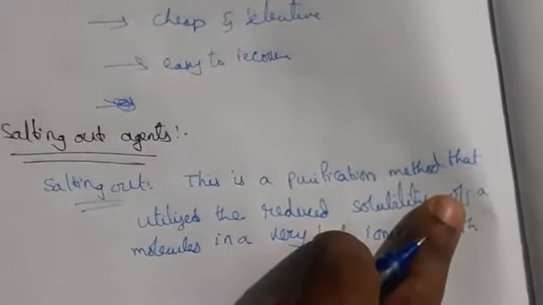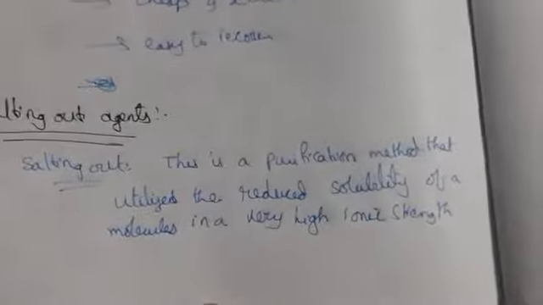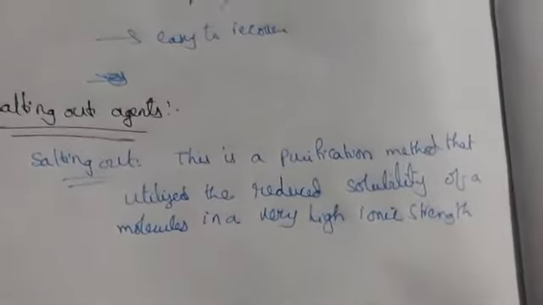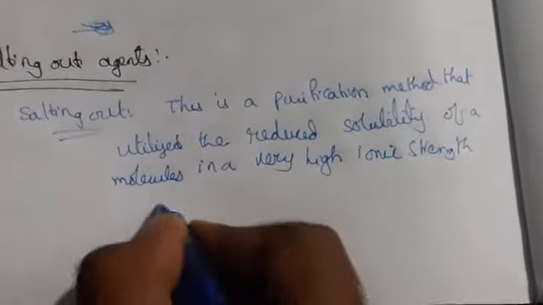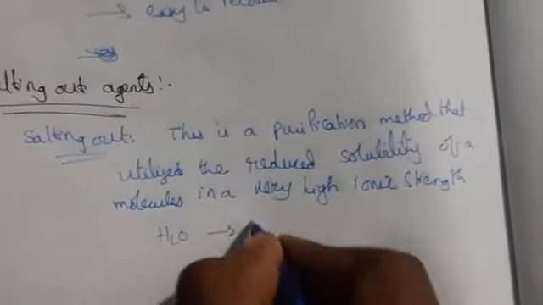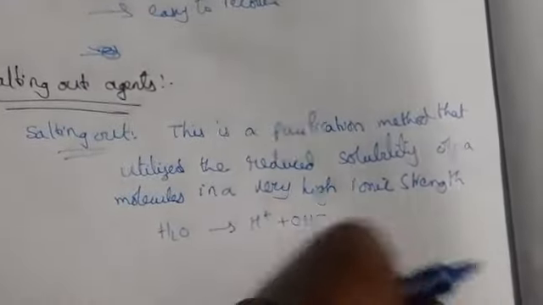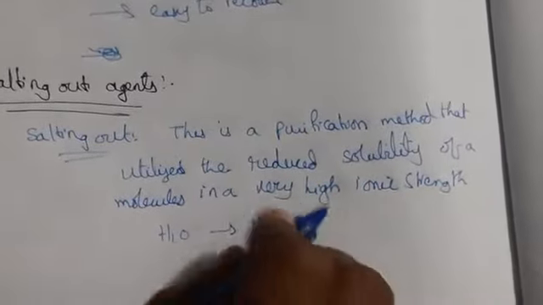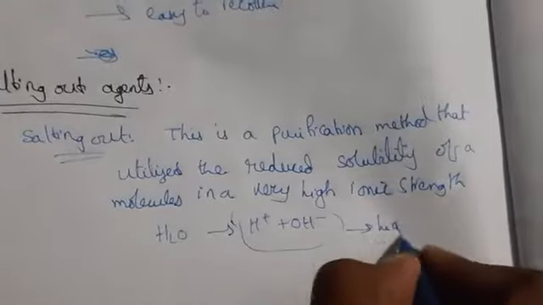Why do we say purification method? For example, water is having a high concentration. If you take H2O, how does it form? H plus and OH minus. So it forms ions, and the ionic nature here should be very high, meaning the concentration should be high.